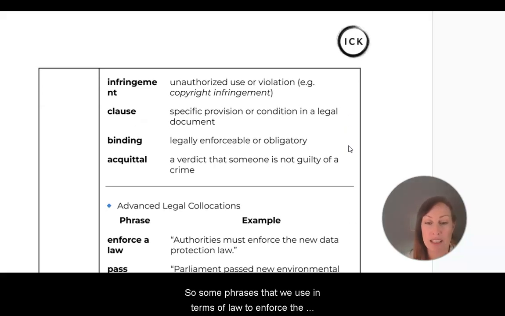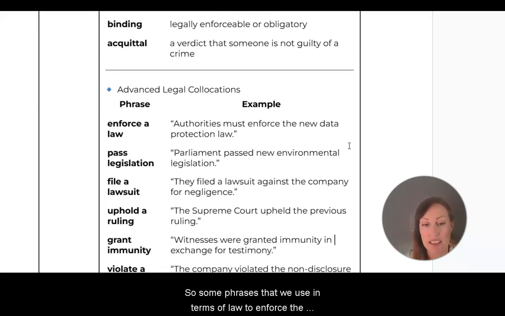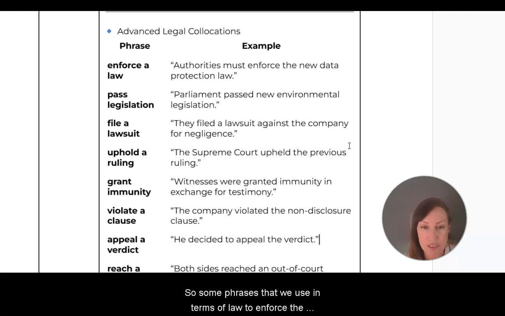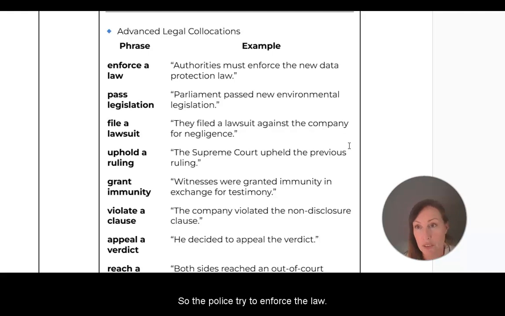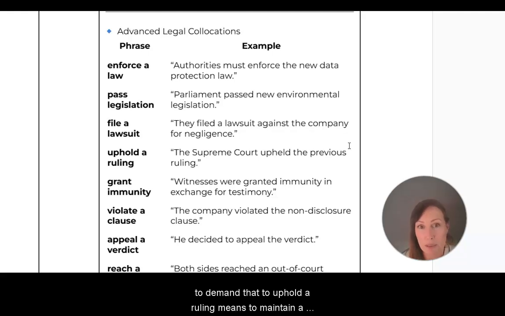So some phrases that we use in terms of law. To enforce the law is to make sure it happens. So the police try to enforce the law. To pass legislation is to put something into law. To file a lawsuit means to sue, to demand that.